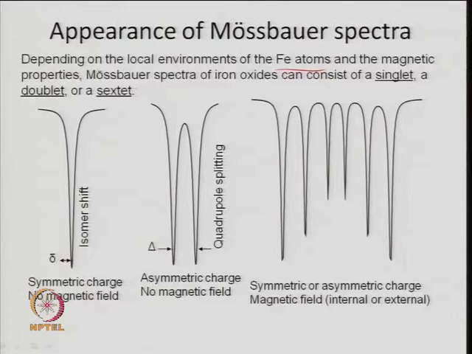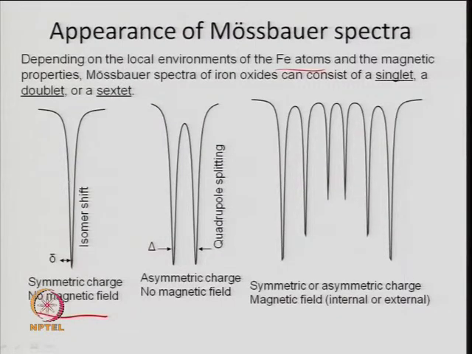It depends on the atomic mass and the magnetic property of the metal, because the recoil analysis or gamma energy generated will depend on the property of the metal or its atomic mass. For a symmetric charge with no magnetic field, there is negligible shift, no shift in energy, so you will have just one peak.